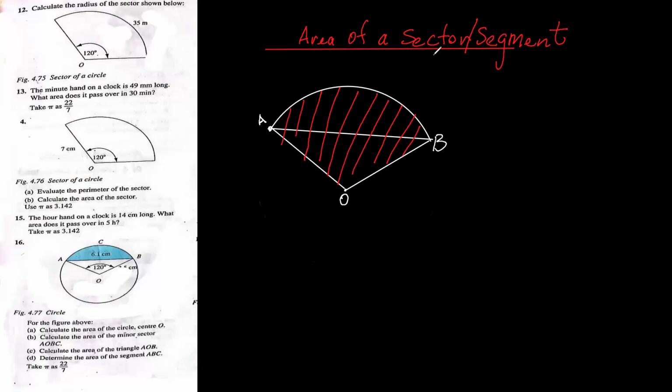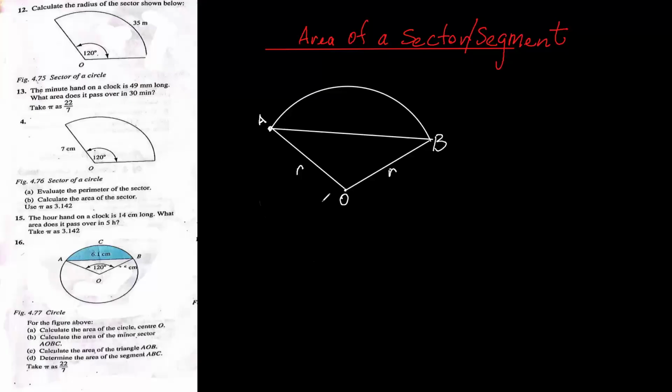And we learned already how to find the area of this sector. So we're good with that. But we need to find the area of a triangle. This is a radius, this is a radius.